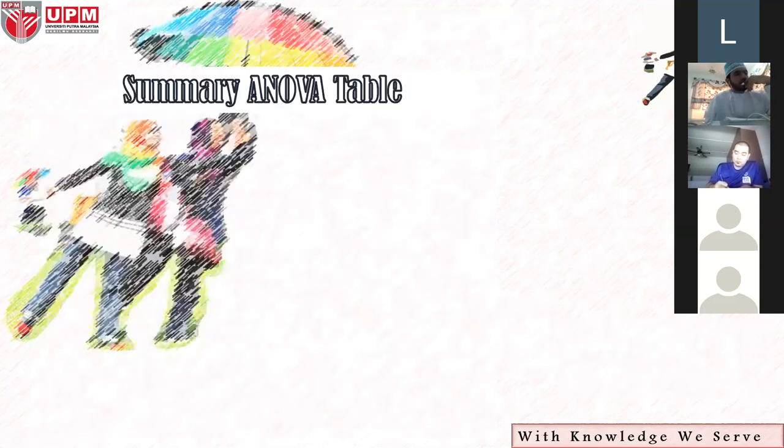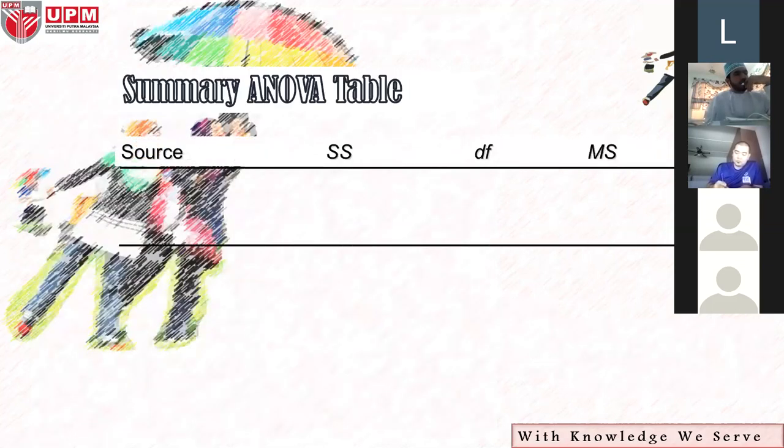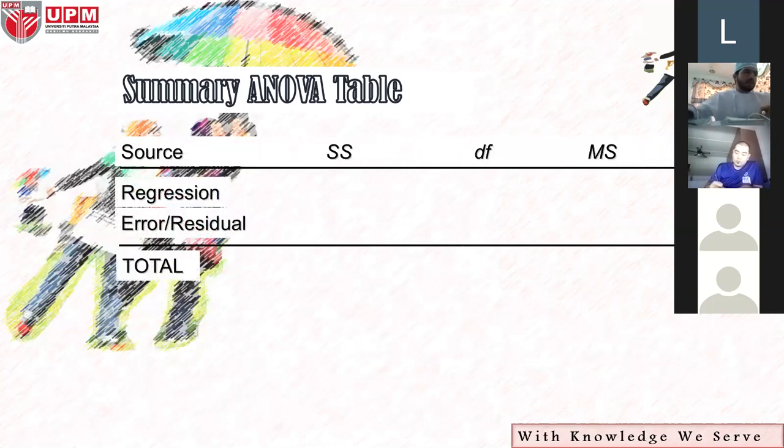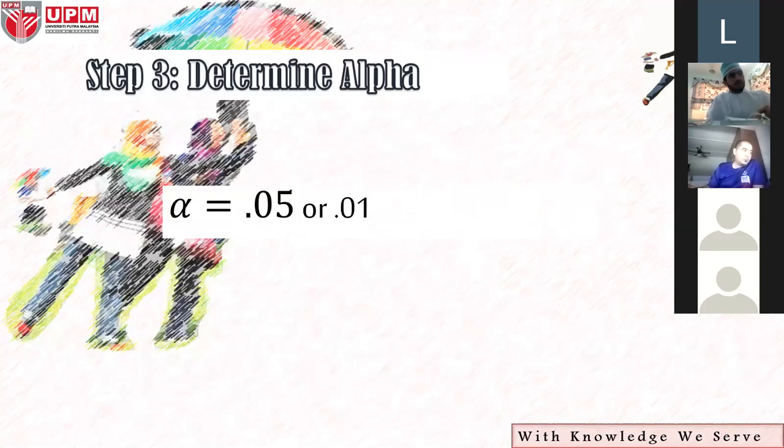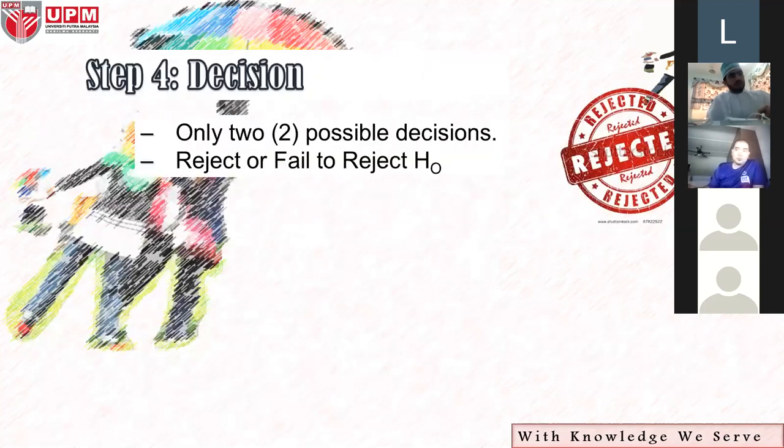Okay, to present a summary ANOVA table to report your findings, this is how it should look. You need to report the source, the sum of squares, the degrees of freedom, mean square and F value, and add significant F next to it. You need to report the sum of squares regression, sum of squares error and sum of squares total, degrees of freedom, mean square, F value and significant F. Then you set the alpha value and make a decision.